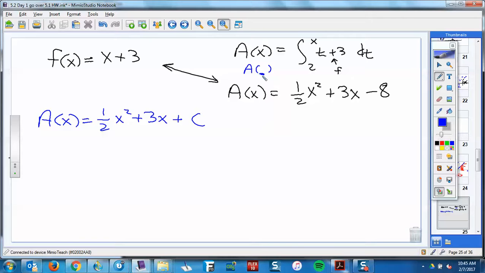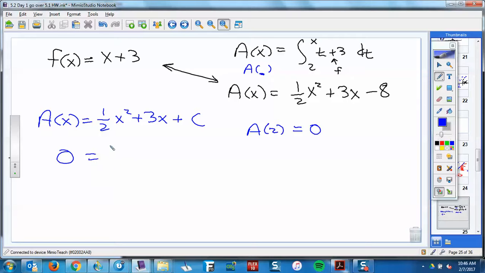No matter what my left edge is, won't I always know one area value? I'll always know the one where it's 0. If this would have been a 3 here, then the area from 3 to 3 is 0. So I know that in this area function, A of 2 is 0. Remember in the calculator thing Colin's doing, it kept saying this: when x is 0, what's the area? Oh, it's 0. I know A of 2 is 0.